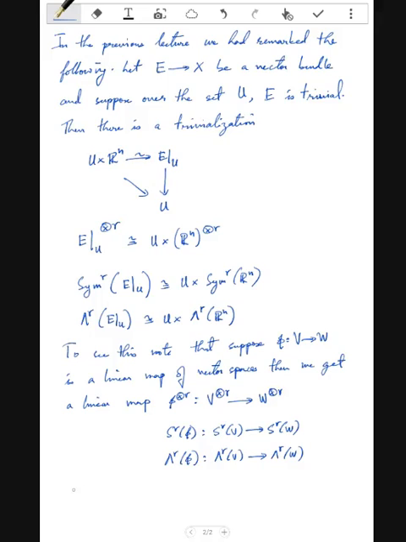And moreover, if from V to W I have phi, and from W to, let's say, T we have psi, then the r-th tensor power of psi compose phi is equal to psi tensor r compose phi tensor r.